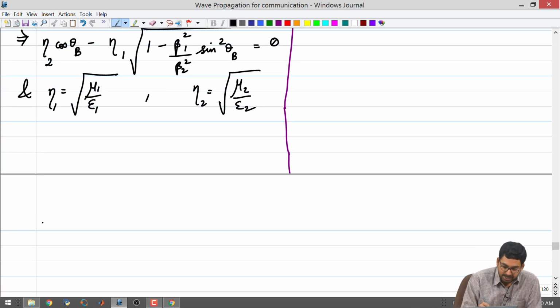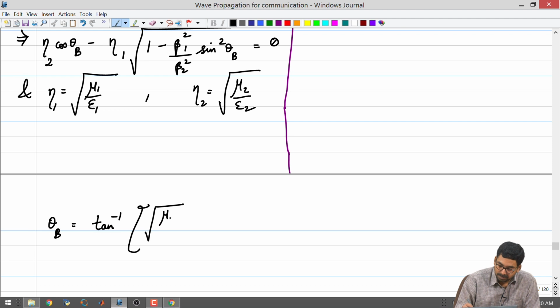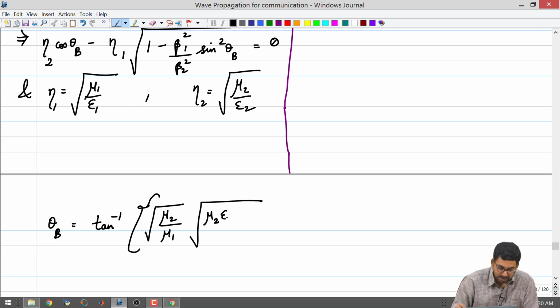So, I got theta b is equal to tan inverse square root of mu 2 by mu 1 times square root of mu 2 epsilon 1 minus mu 1 epsilon 2 divided by mu 2 epsilon 2.